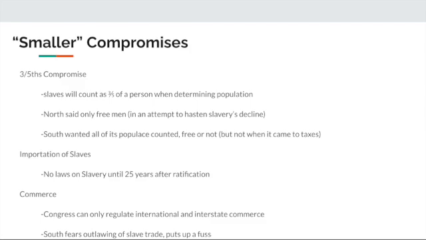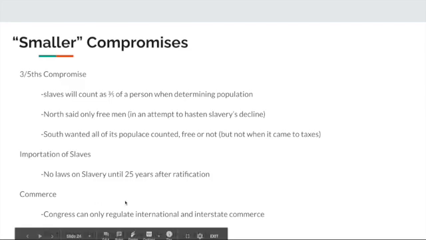But right here, what we're trying to do is fix the problem that we saw with the Articles of Confederation, is how do we stop, let's say, North Carolina from making a sweetheart deal with France, and so France only imports goods into North Carolina, and then everybody's got to pay a premium to go to North Carolina and trade with them. Federal government says no. Any international trade is only going to be dealt with at the national level.